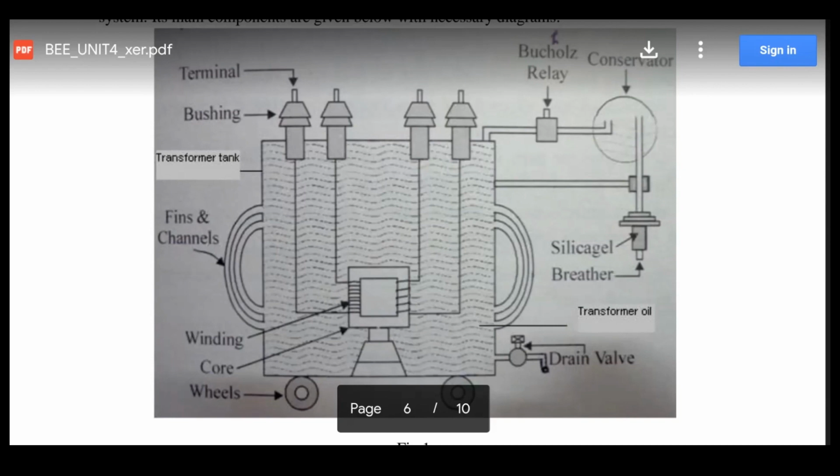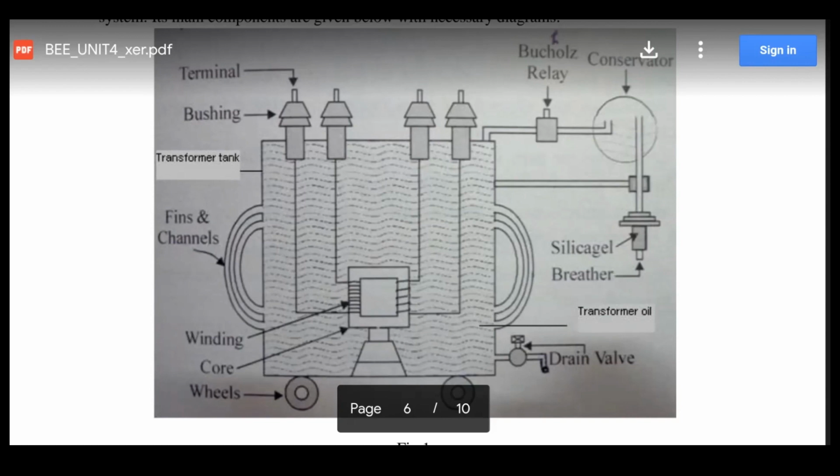Since the transformer itself is very heavy, and if it is filled with transformer oil, it is adding a lot of weight to it, so it is difficult to move these transformers. Manufacturing industries have tracks identical to railway tracks.